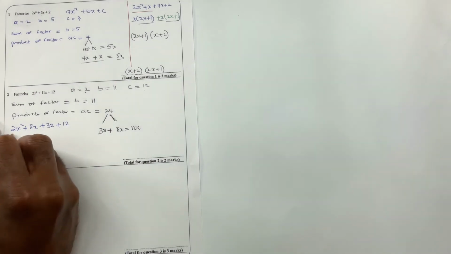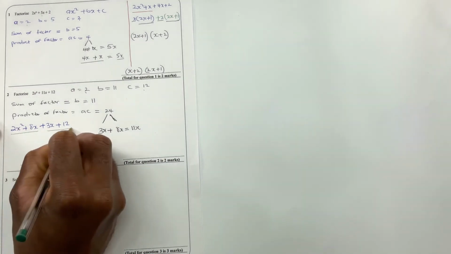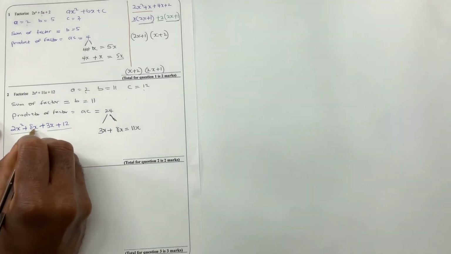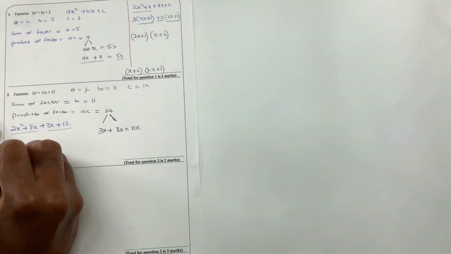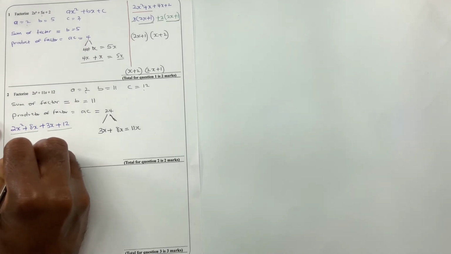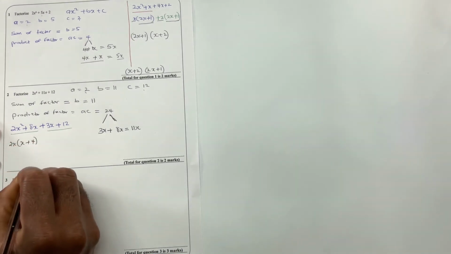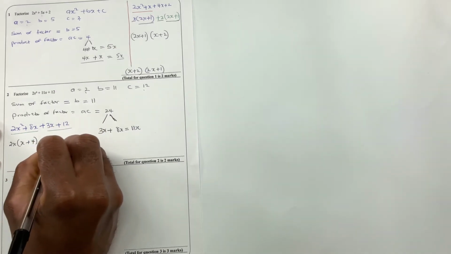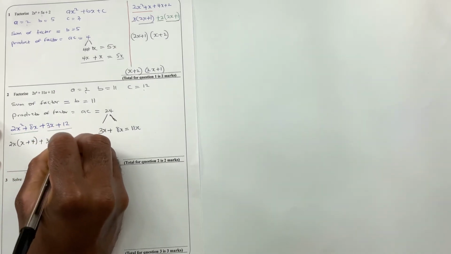So what's the common factor here, and what's the common factor there? Well, 2x is common here, so with 2x out, I get x plus 4. And here, 3 is common, and I get x plus 4.